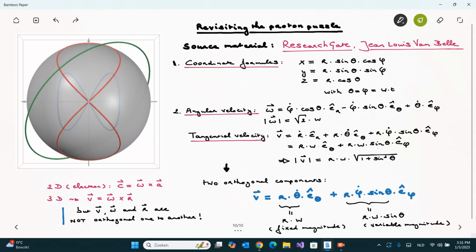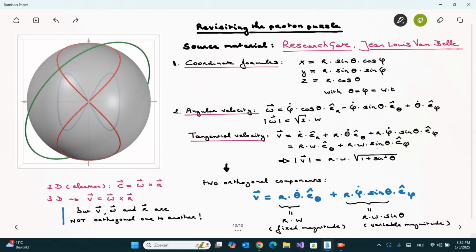Let me clean up my whiteboard. That looks like a horrible, complicated thing, but with the very simple linear dependency on time that we choose, you can calculate the time derivatives, and they're all equal to w, this w, right?